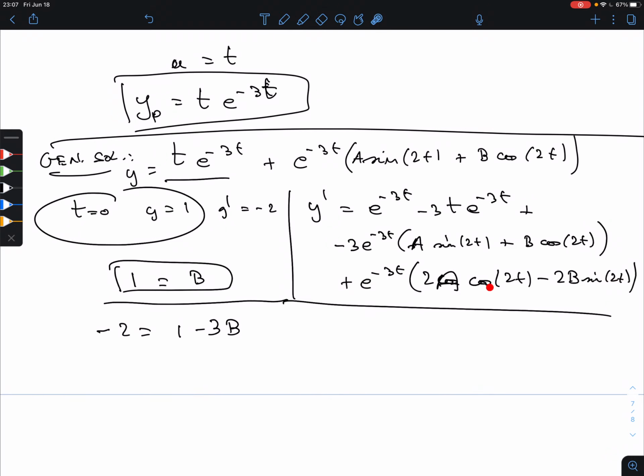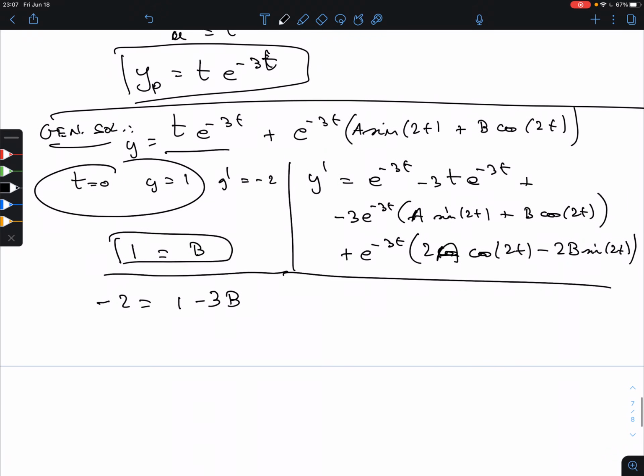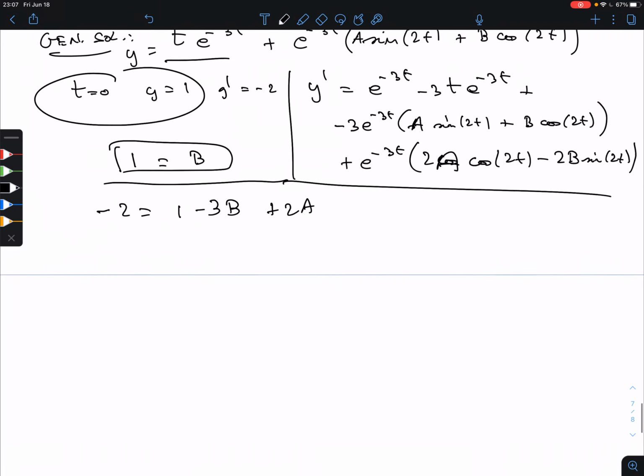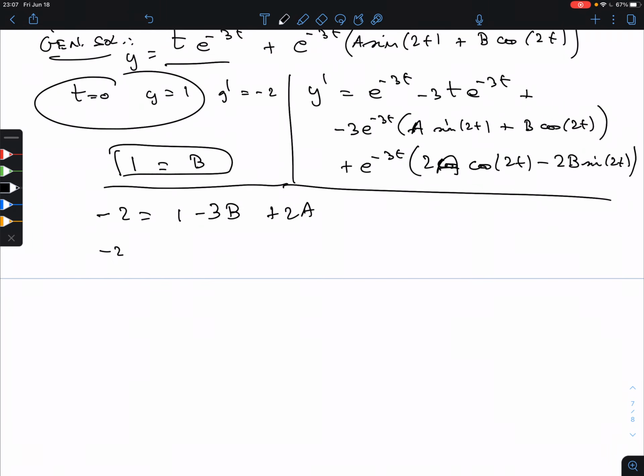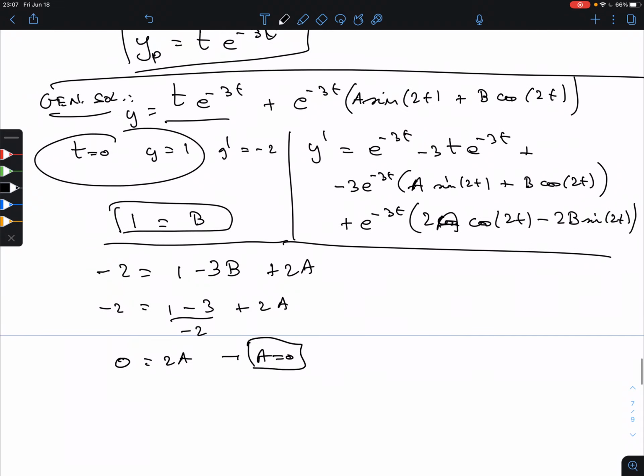This time the sine is 0, but this is not. So this is 2a. So b was 1, and minus 2 is 1 minus 3 plus 2a. That is negative 2, right? So 0 is 2a. Oh, a is 0. Okay, I like that.